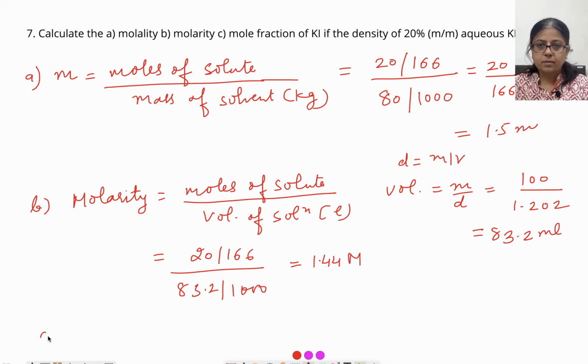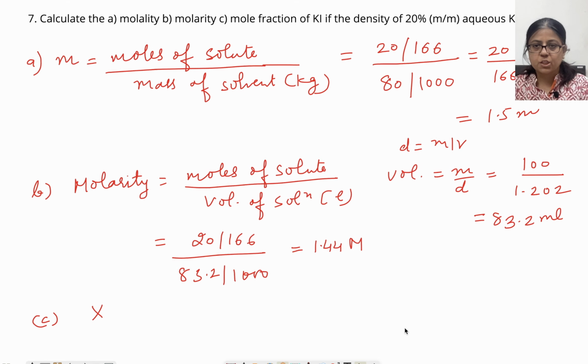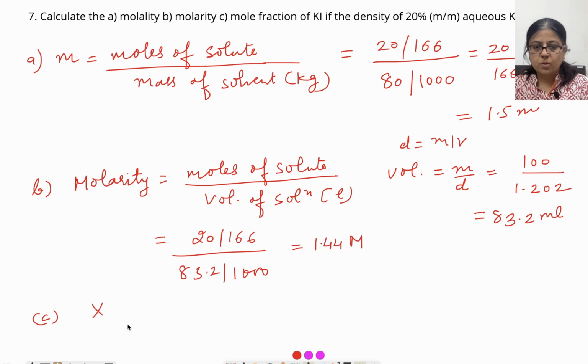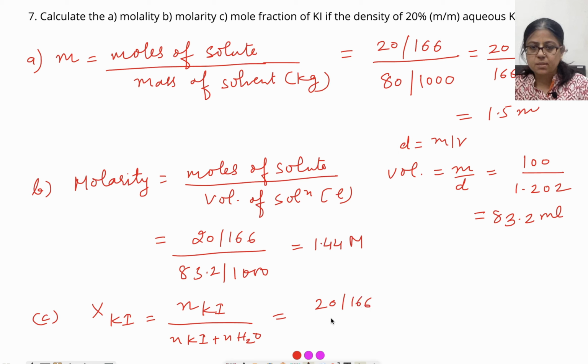Now calculate the third part, which is mole fraction of potassium iodide. Mole fraction of potassium iodide is equal to number of moles of potassium iodide divided by total number of moles present in the solution. We have already calculated the moles of potassium iodide, that is 20 by 166, divided by 20 by 166 plus number of moles of water.